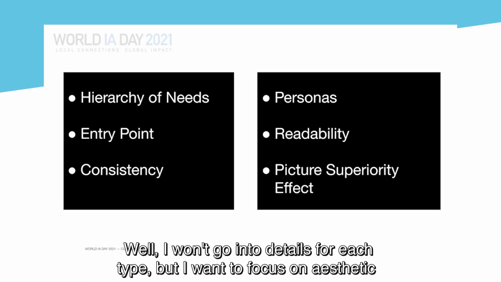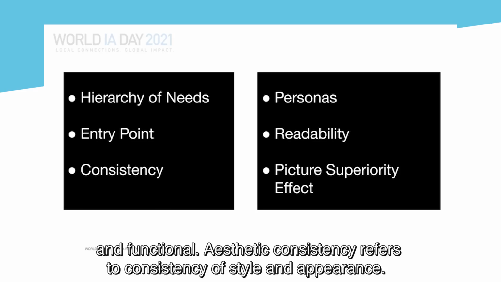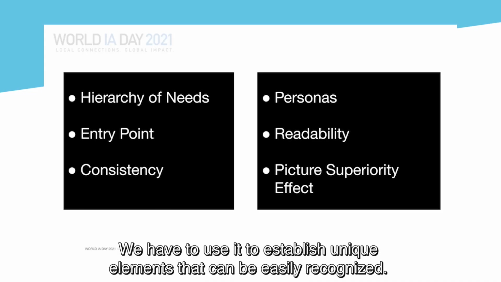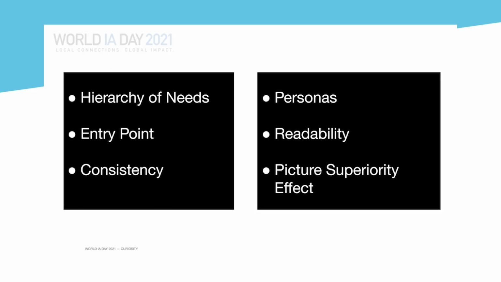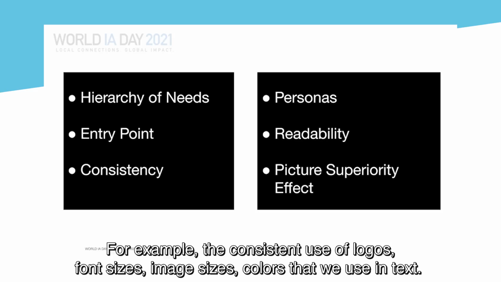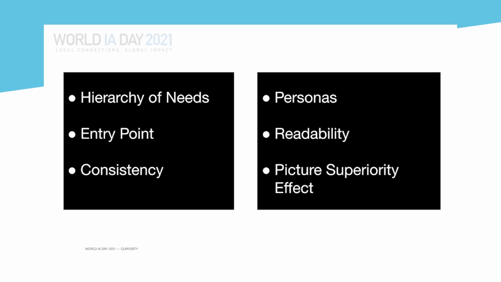Well, I won't go into details for each type, but I want to focus on aesthetic and functional. So aesthetic consistency refers to consistency of style and appearance. So we have to use it to establish unique elements that can be easily recognized. For example, the consistent use of logos, font sizes, image sizes, colors that we use in text.